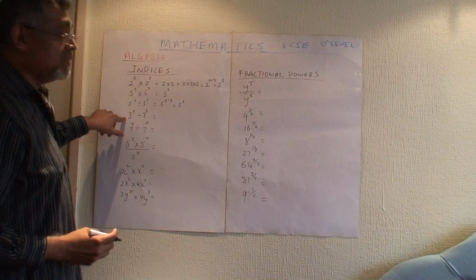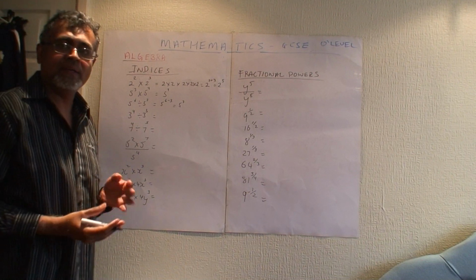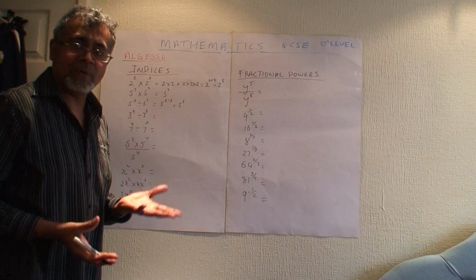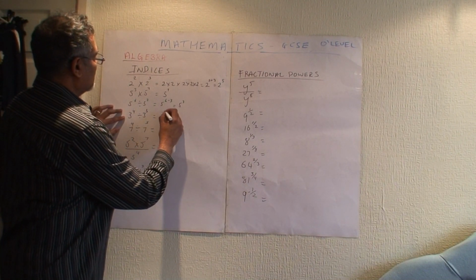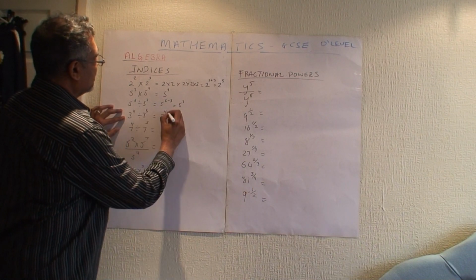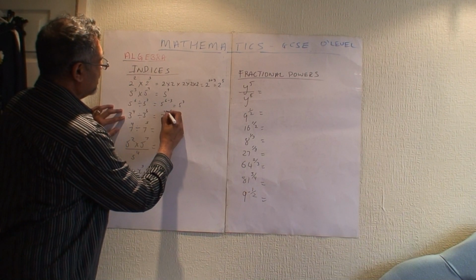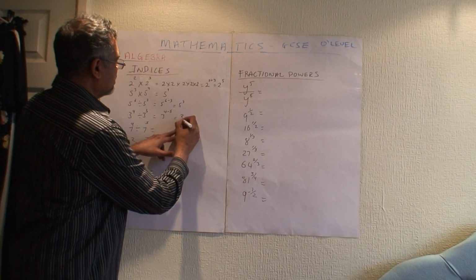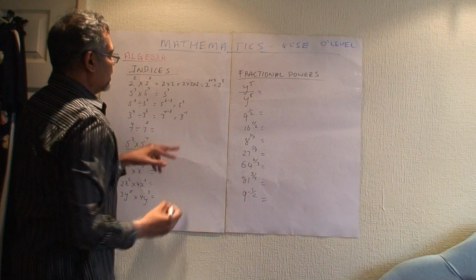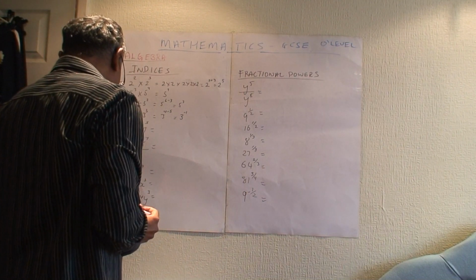Okay, here we have another example, a division. Again, we subtract the powers for division. Alright, so here we have 3 to the power of 4, subtract power of 5. Okay, so here we have 3 with a negative power.